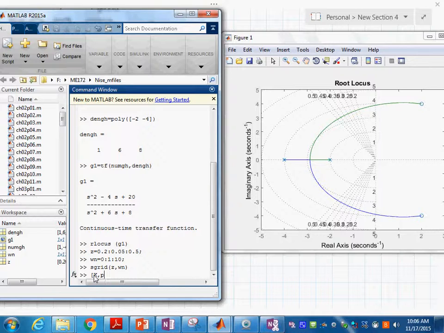So if we use the cursor on the screen as to how this would look and what the values would be, rlocfind, numerator of GH and the denominator of GH, like this. I think you're gonna like this. We'll see.